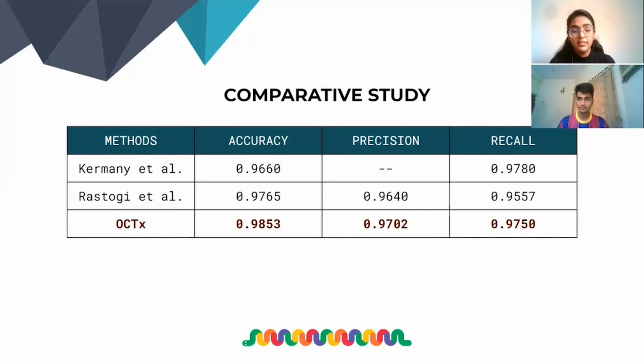Now, the second study that we're going to talk about is the Rastogi et al. study. This is the study which inspired us to take up this problem and solve it in our own unique way by bringing in the concept of ensembling deep neural networks like we did.